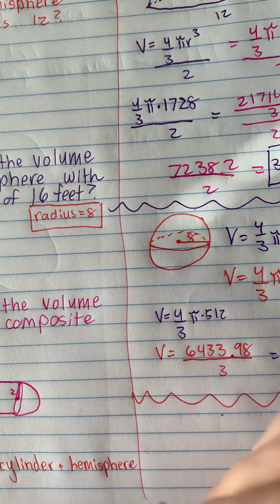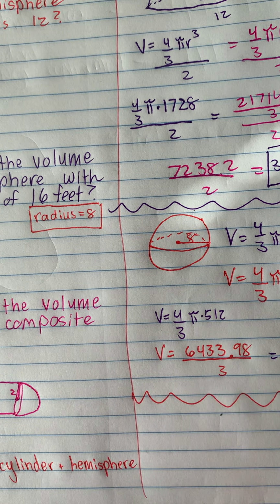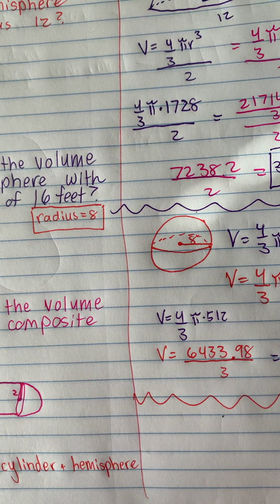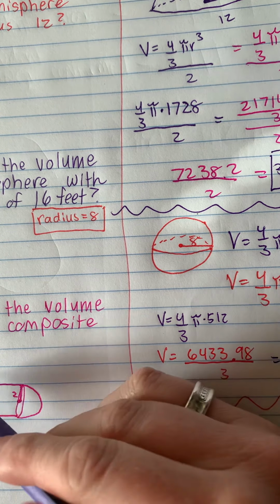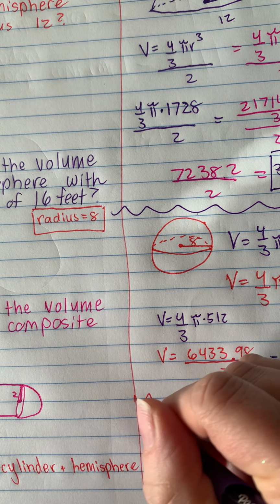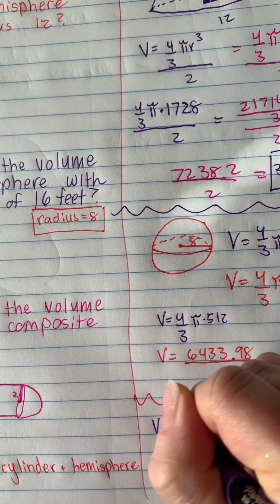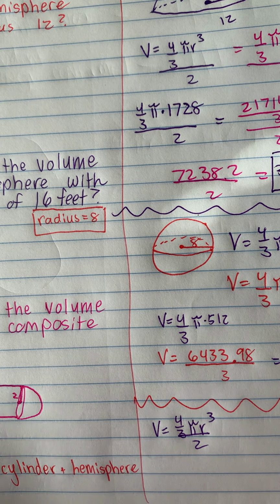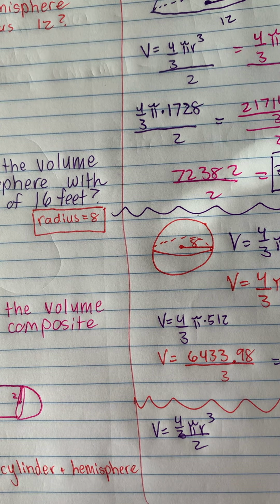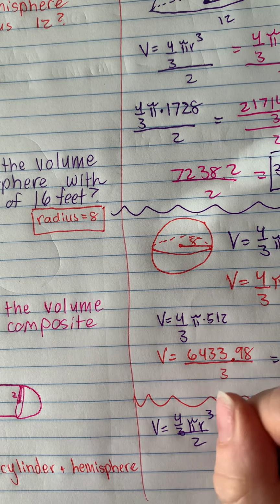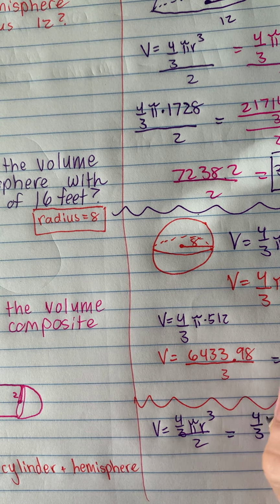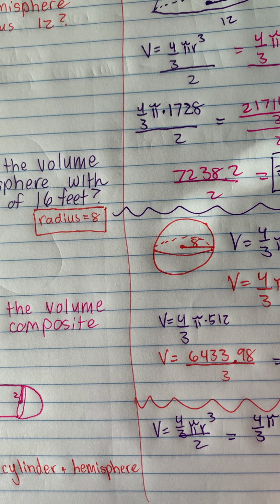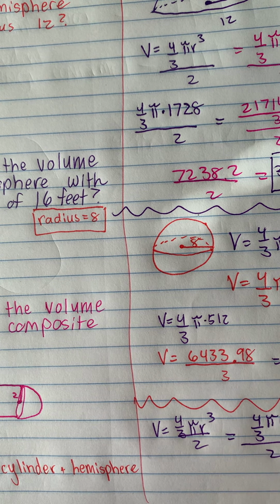So we're going to use our formula. I'm going to take it in pieces because that's how I think a lot of you did it. Let's find the volume of that first hemisphere. So we're going to take 4/3 pi r cubed, divide it by 2, and our radius was 2. 4/3 pi times 2 cubed, that whole thing divided by 2.